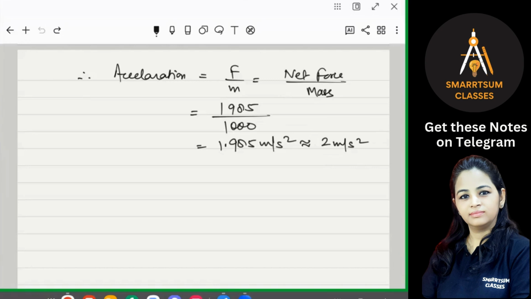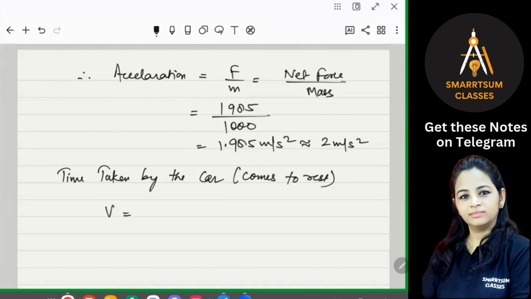Now, time taken by the car to come to rest. Again, we can use v is equal to u plus at. Now this time this acceleration is the retardation, the negative acceleration, right? So this 2 meter per second square is actually retarding, right? Okay, so we will take it as u minus at, so we take acceleration as negative.